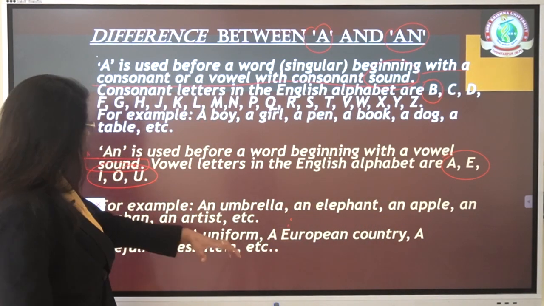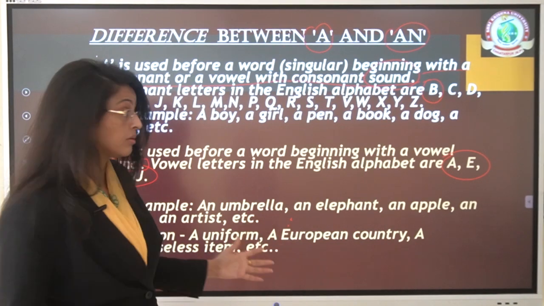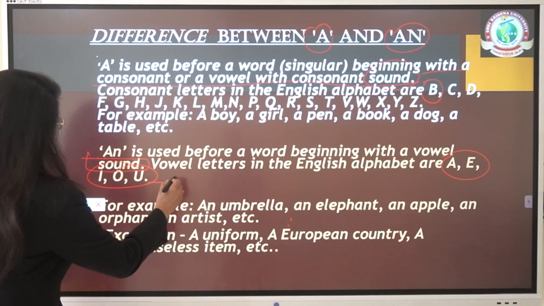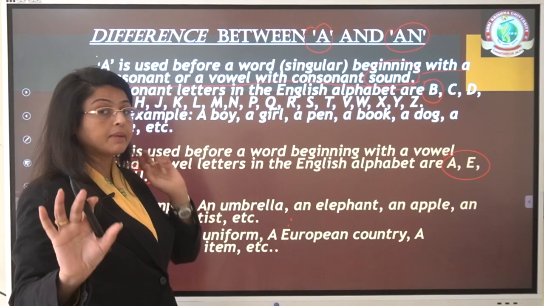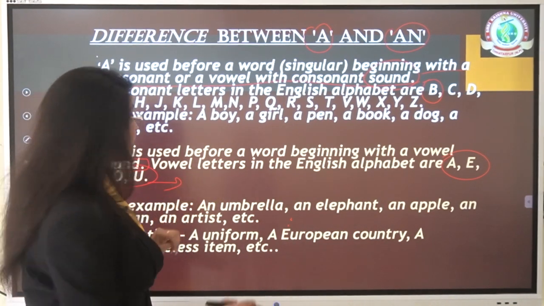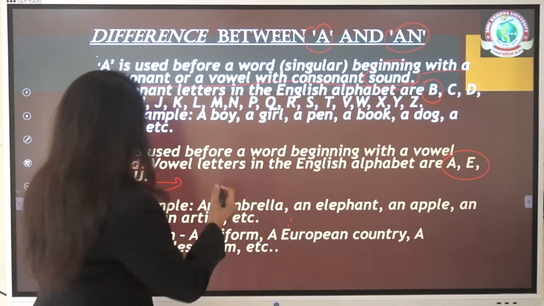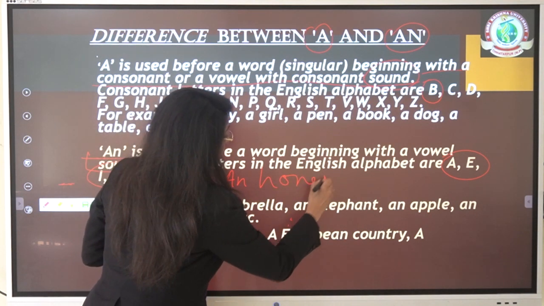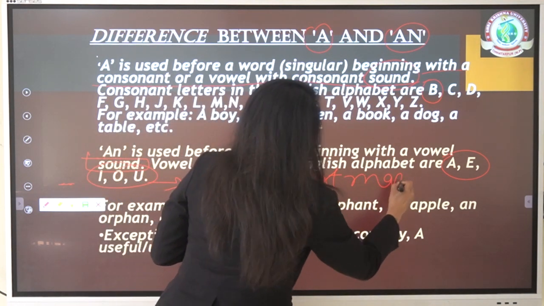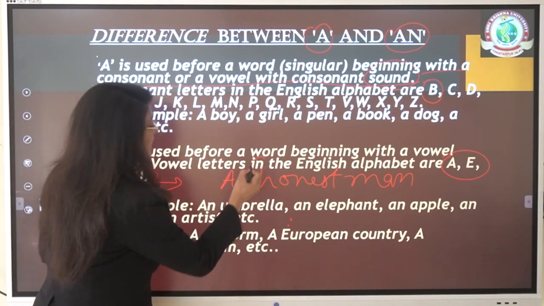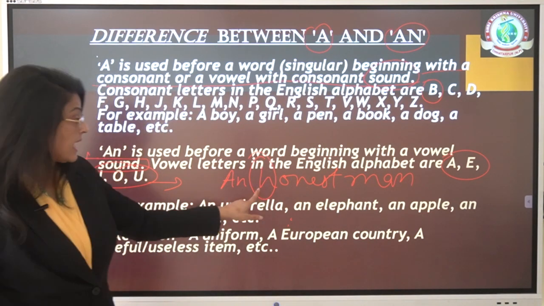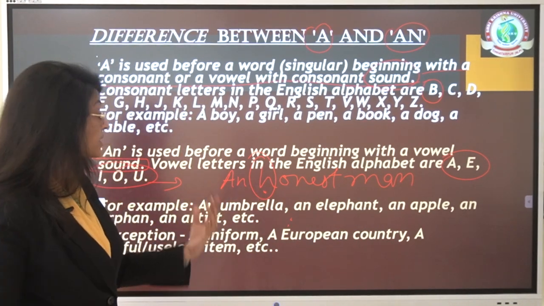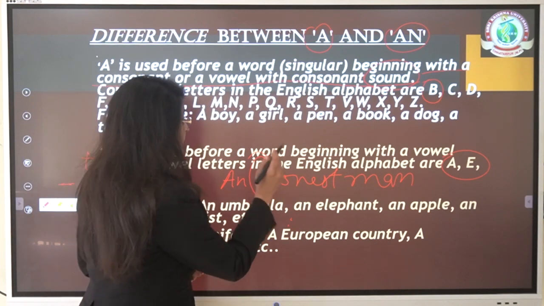Now here there are some exceptions also. For an exception, look at the example here. We'll talk about the exceptions later on, but let's see the example first. For example, if you say an honest man. Now you see, here the beginning alphabet is a consonant, but the sound which is being produced at the beginning is not a consonant sound.